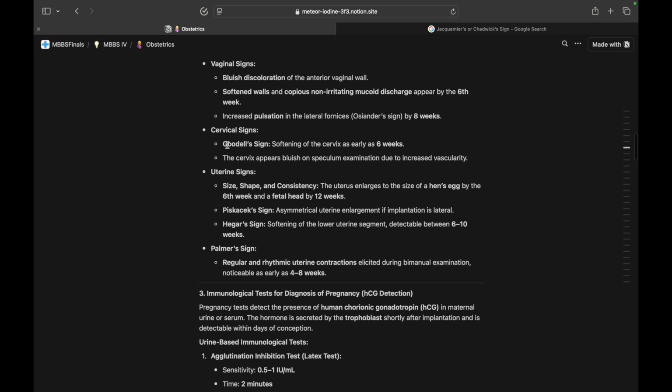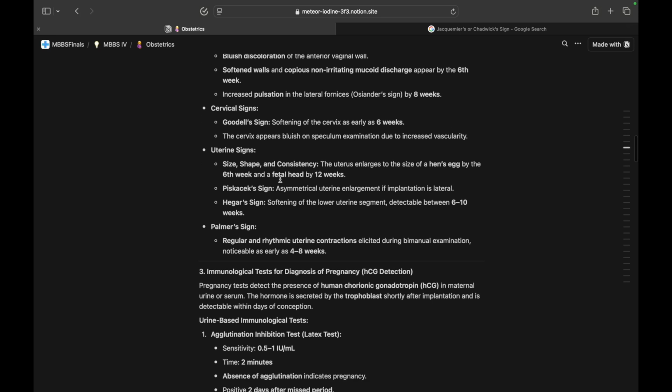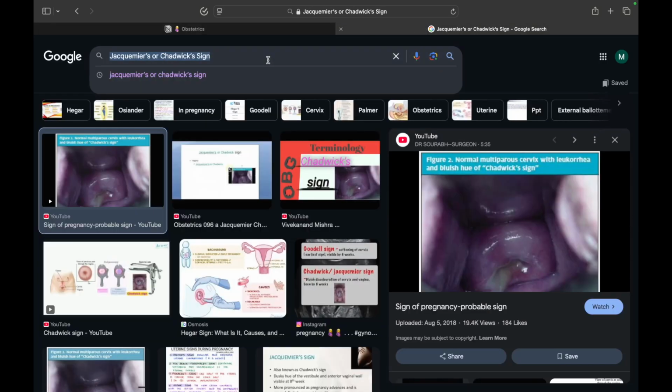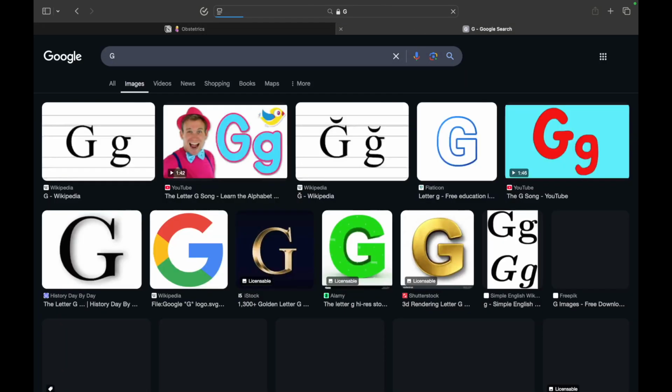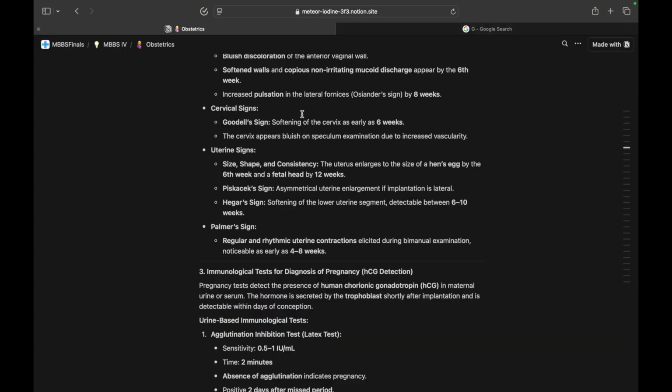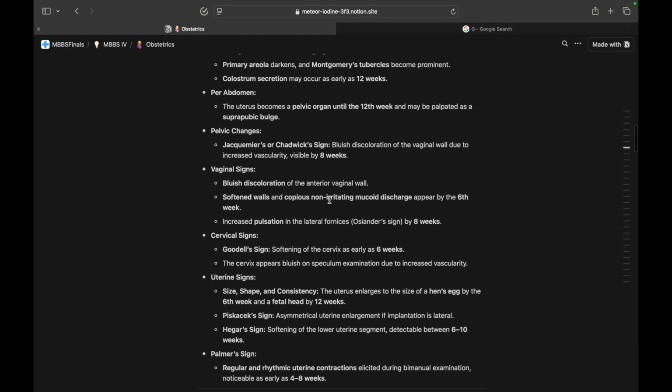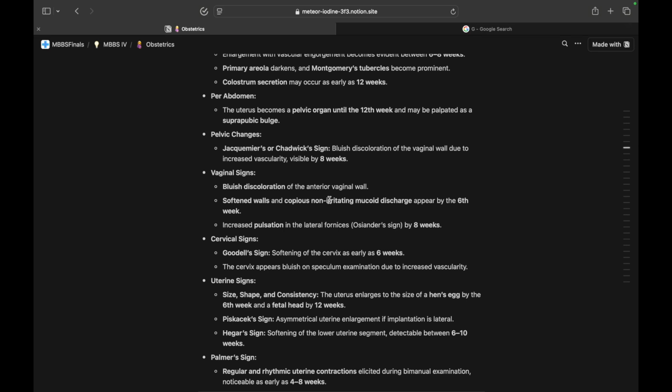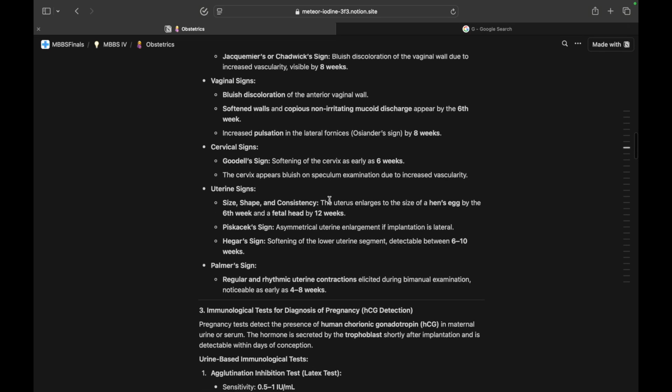Even if you remove this part from G, it looks like C. So Goodell's equals cervix. If you remove this from G, it looks like C, like that. But it's fine.